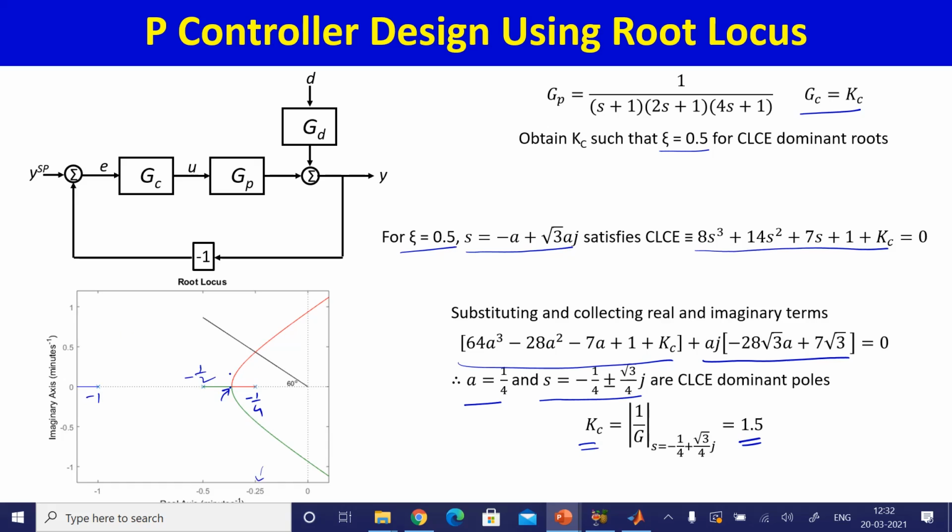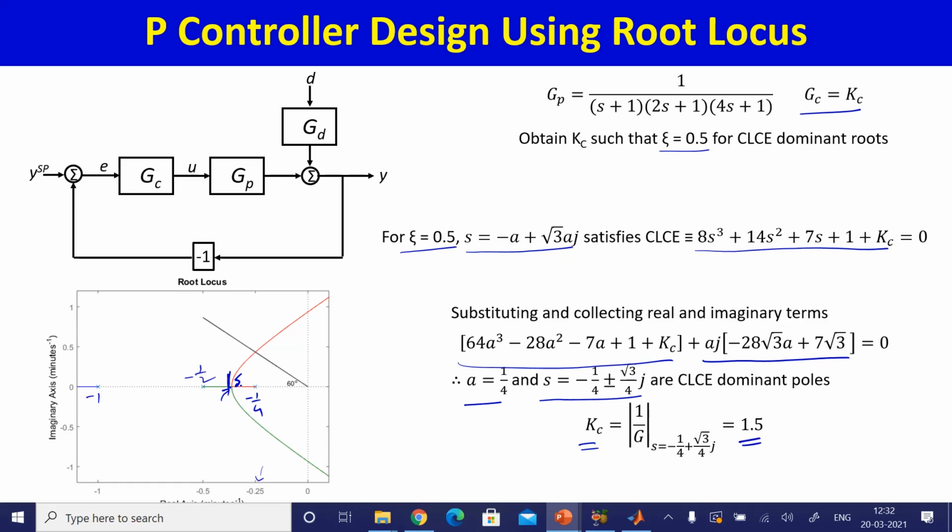If I go an infinitesimal amount, delta, above the breakpoint, since that point must lie on the root locus, the change in angle in breaking out from the real axis into the complex plane in the vicinity of the breakpoint must be 0. So change in angle must be 0.